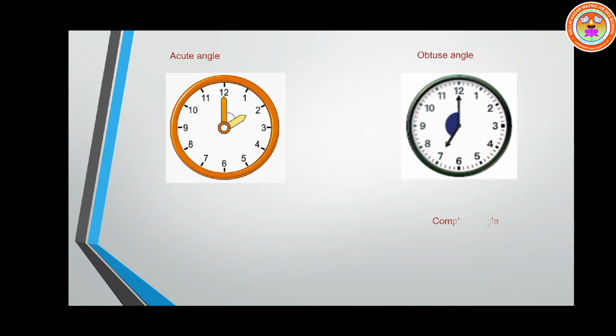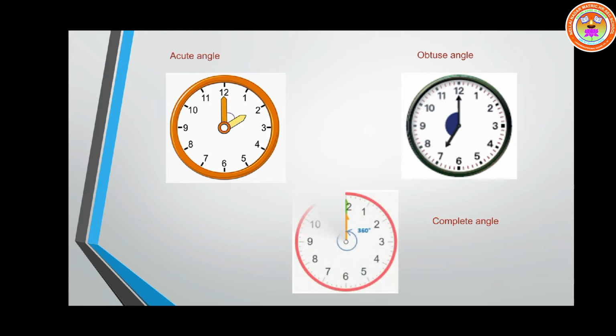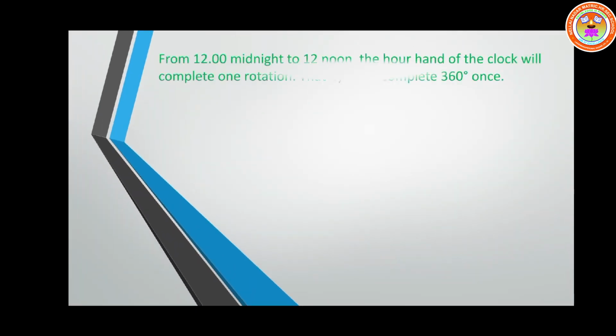And complete angle. So when is it complete angle? When the hands lie on each other. It can be taken as 0 also. Previously we just saw 0 degrees. This is complete rotation. I'll just give the definition, and you can understand.